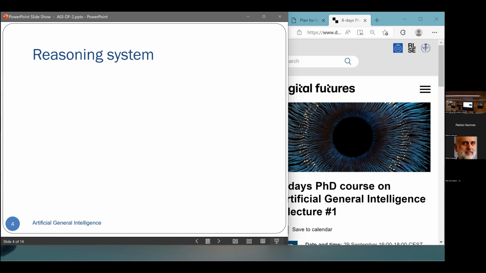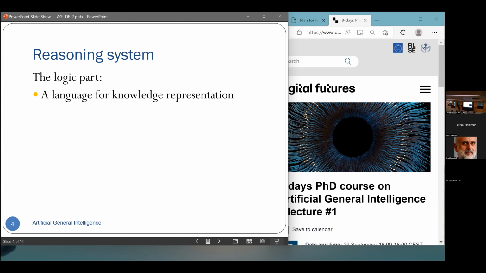So what is called a reasoning system? This one is not too controversial. Typically, we say a reasoning system in this context when we're talking about AI. Roughly speaking, there are two parts. One is the so-called logic part, which is a logic in the traditional sense, and typically consists of three major components.